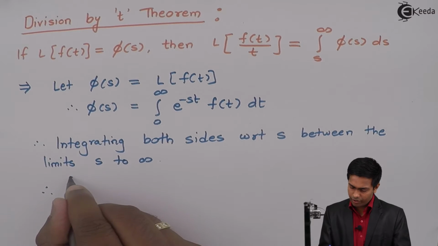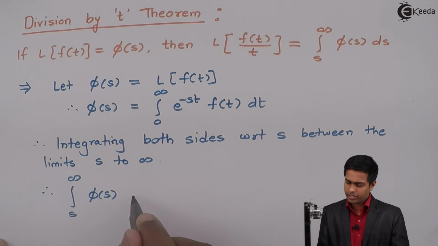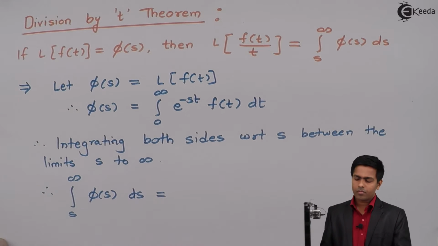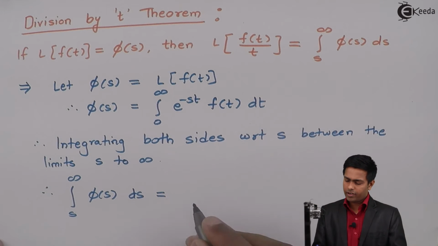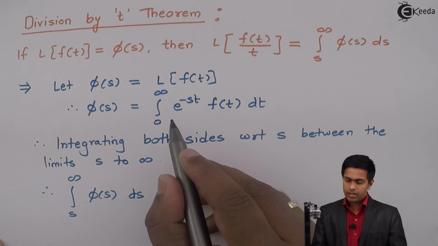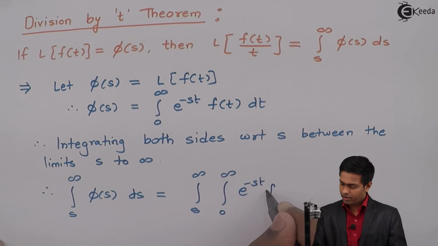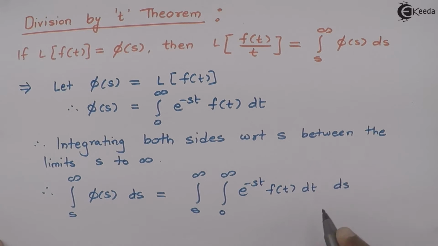So therefore here we'll get integration from s to infinity phi of s ds. Similarly on the right hand side we'll get integration s to infinity, then this term as it is, that is integration 0 to infinity e raised to minus st f of t dt, and here we have ds.